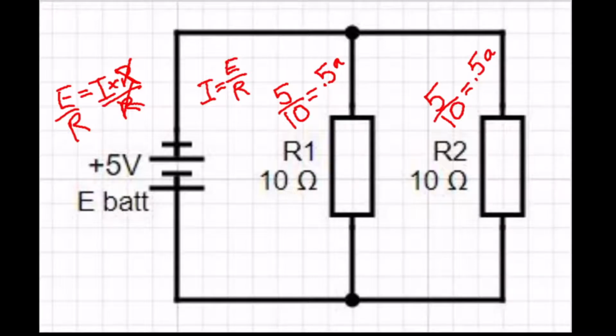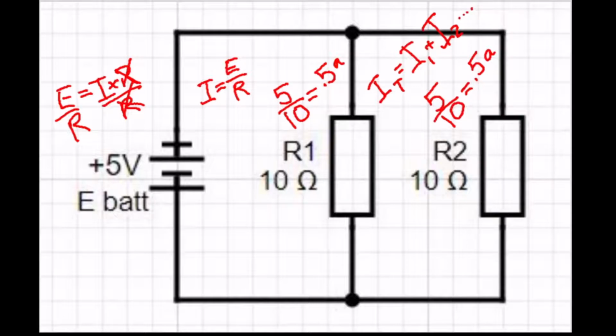Okay, so now we need to figure out the total amperage. Well, the total amperage in a system is what? Think about it for a sec. Okay, that should be enough time. We remember that the total amperage in a system like this, if we call it I total, equals I1 plus I2 plus I3 and so on.